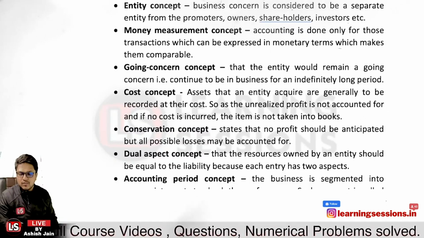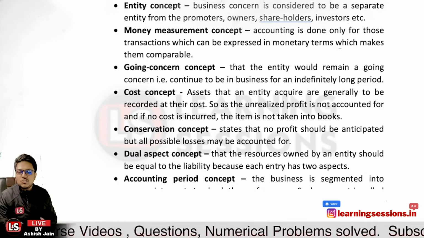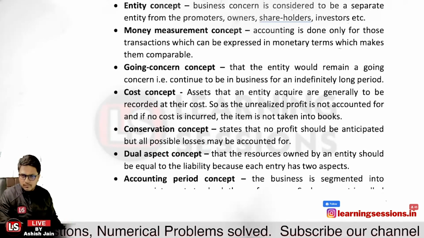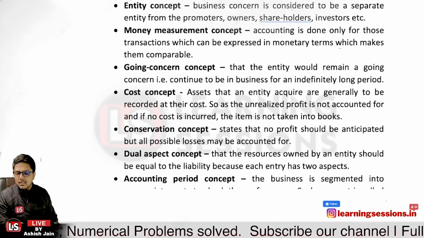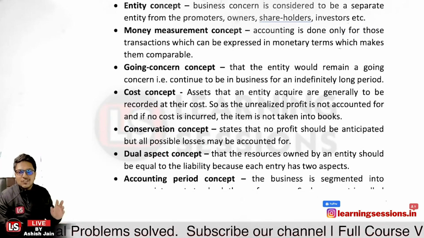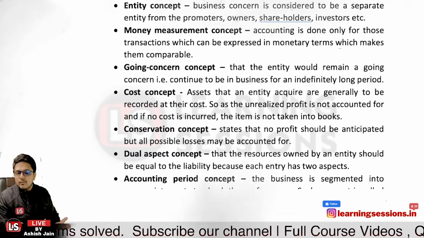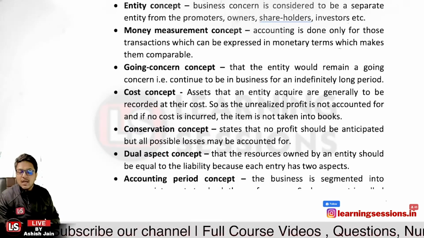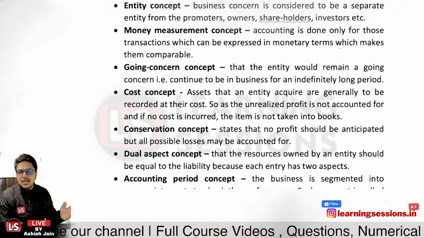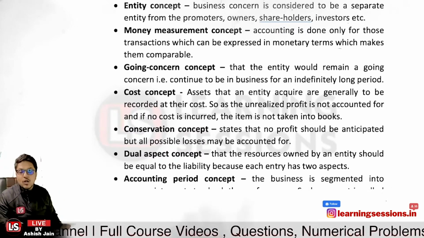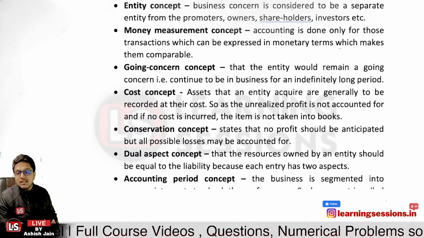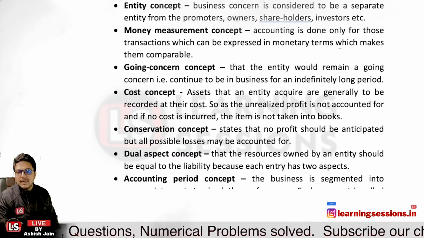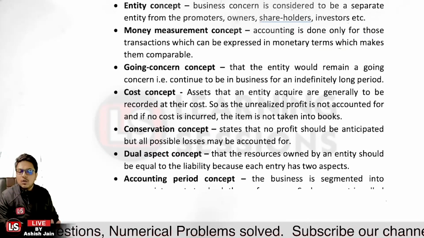So if I purchase machinery, it will increase the amount under the asset account, the machine account over there, and also my cash account or bank account will be lowered, because I must have paid either using cash, or using my bank account, or I must have taken the machine on credit itself. So it will be covering two accounts. Each and every entry will have at least two accounts associated with it.